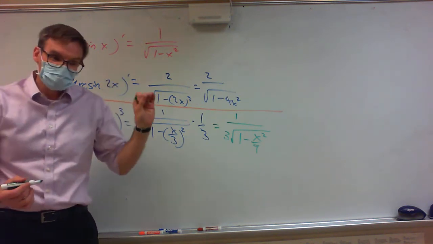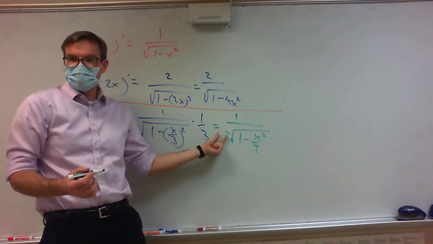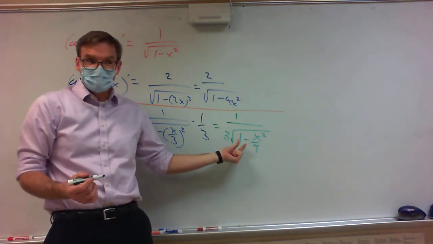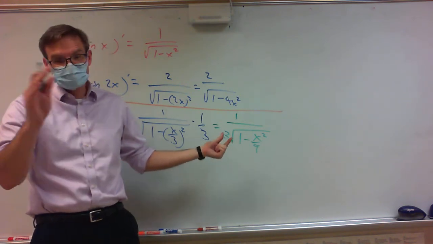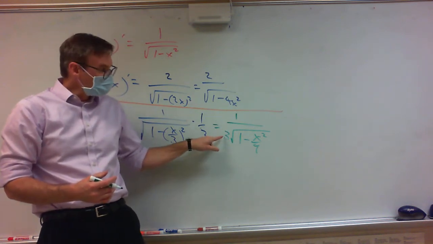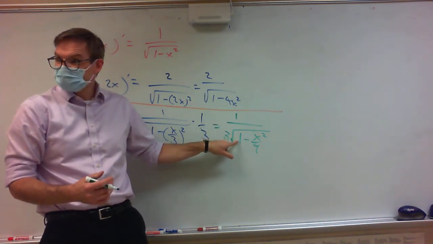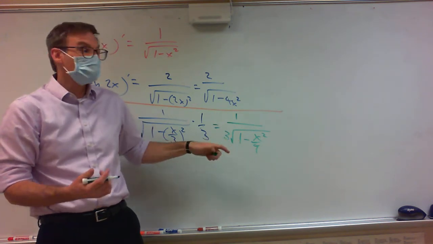And now the tricky part. Do you remember we took a number outside and we put it inside the square root? It's been a while, but we did it last semester. When we put that 3 inside the square root, what did it become? A 9. It became a 9.